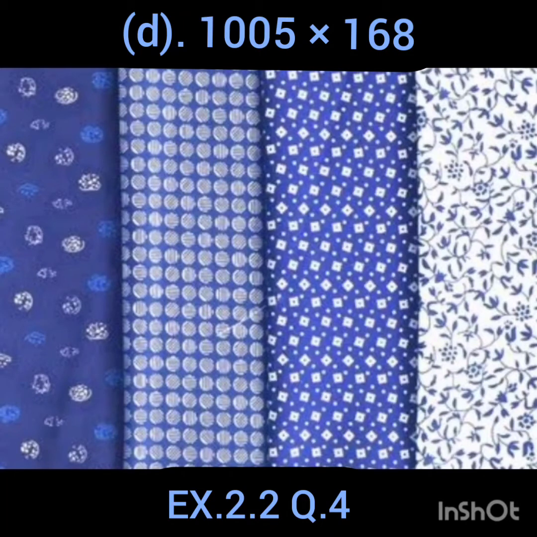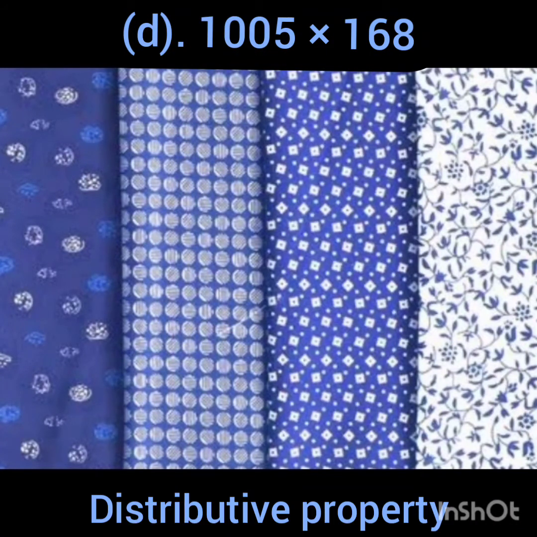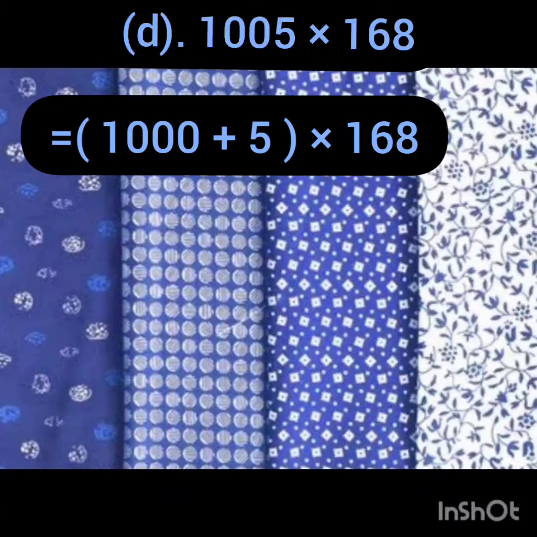D. 1005 multiplied by 168. Let's apply distributive property. 1005 can be written as 1000 plus 5.